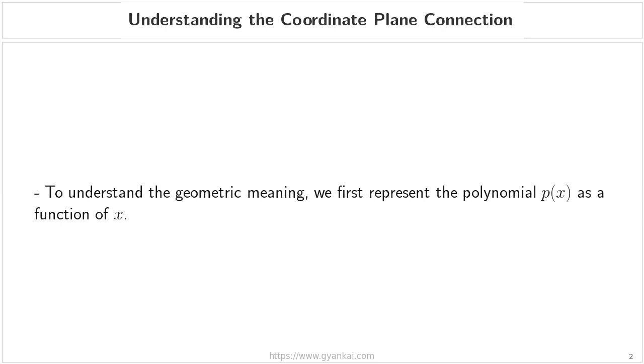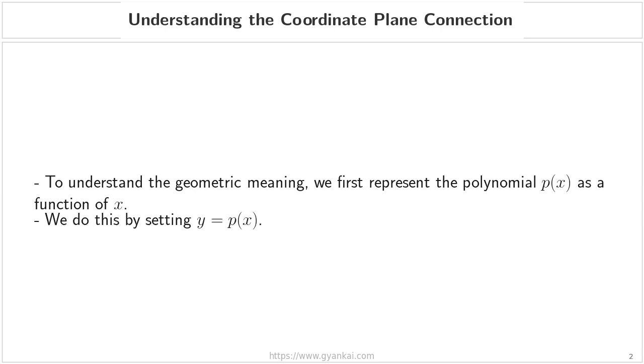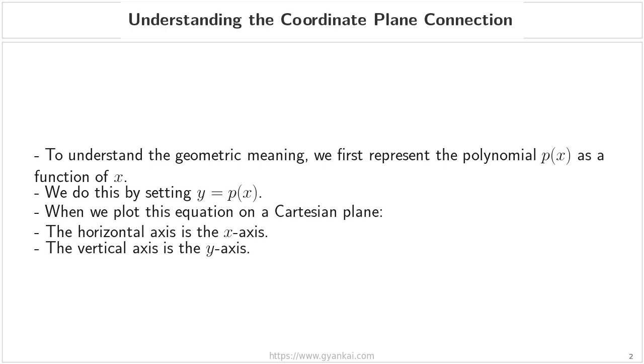Understanding the coordinate plane connection. To truly understand the geometric meaning of these zeros, we first need to represent our polynomial, p of x, as a function of x. We achieve this simply by setting y equal to p of x. When we take this equation and plot it on a Cartesian plane, we are working with two perpendicular lines: the horizontal axis, which we call the x-axis, and the vertical axis, which we call the y-axis.